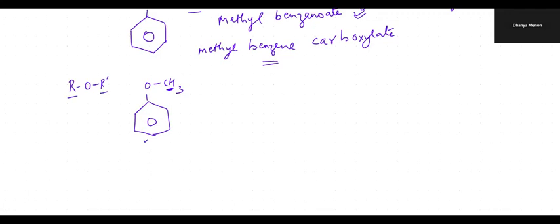Okay, now the IUPAC name is alkoxy-alkane. Alkoxy is for the smaller chain and for the bigger chain is alkane. So the smaller one is what? Methoxy, right? So methane is the smaller one, so methoxy benzene. This is the IUPAC name.